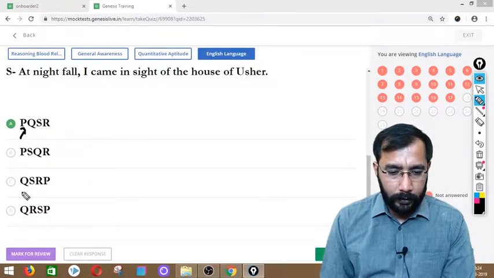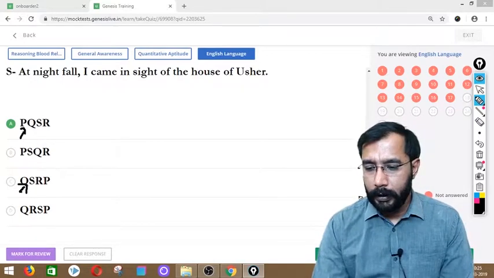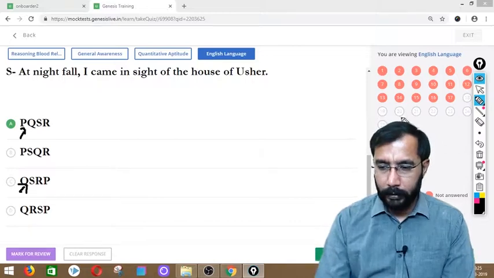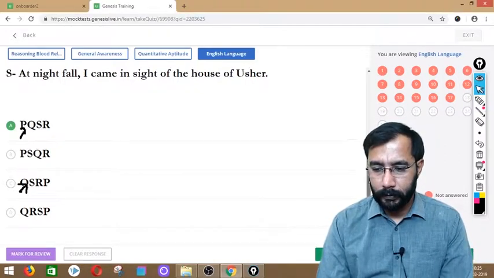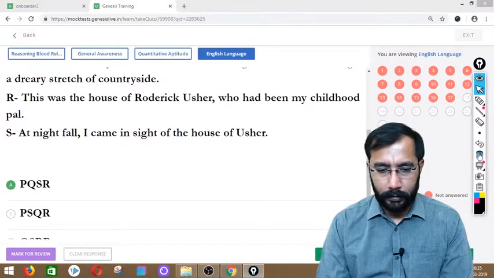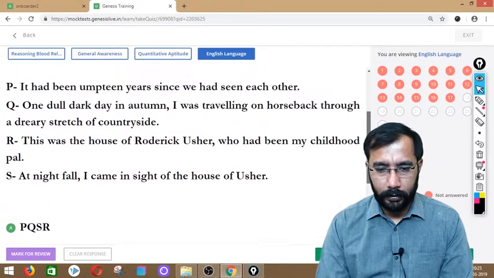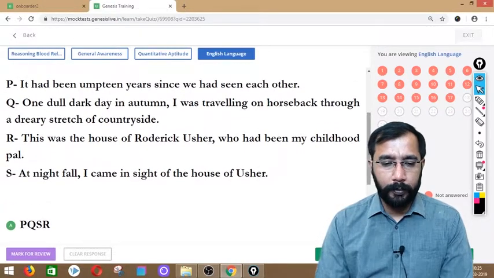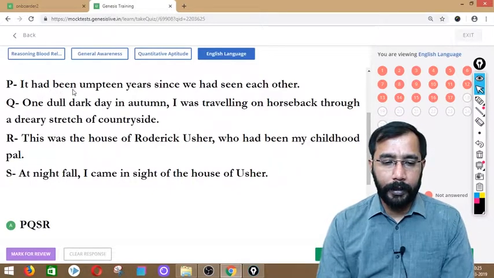P and Q. So let's see what can be done about this. If it starts with P, then it'll start with it had been umpteen.